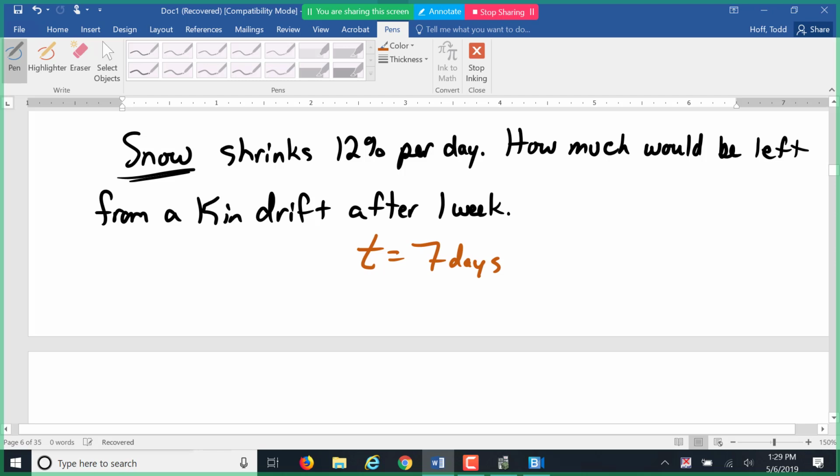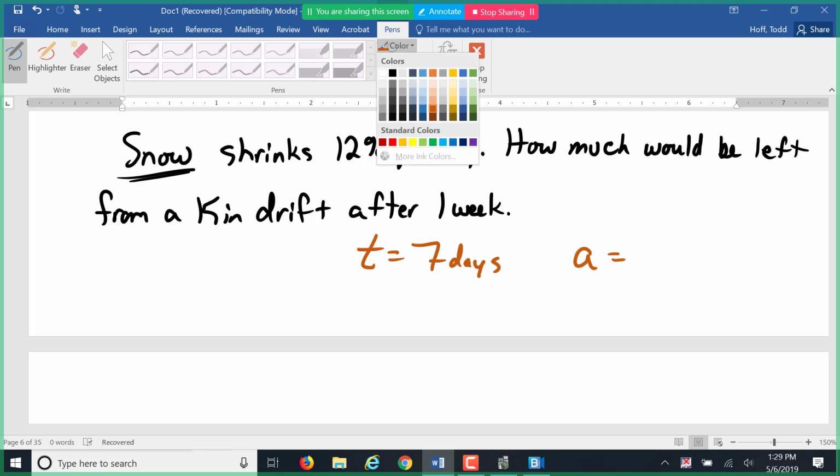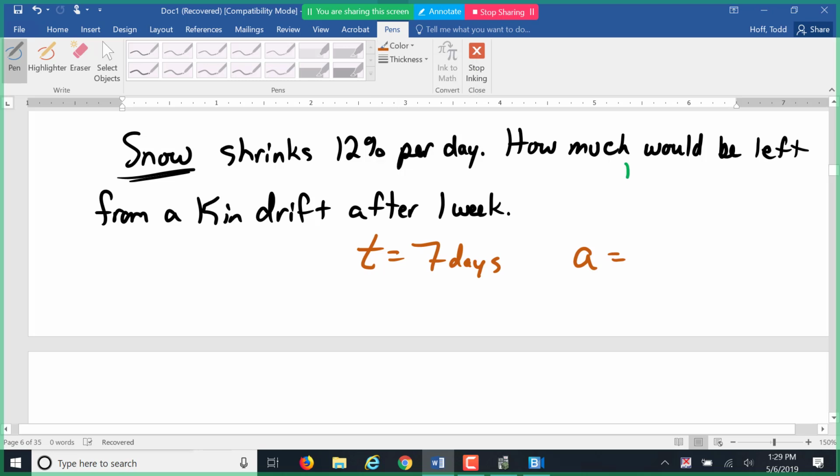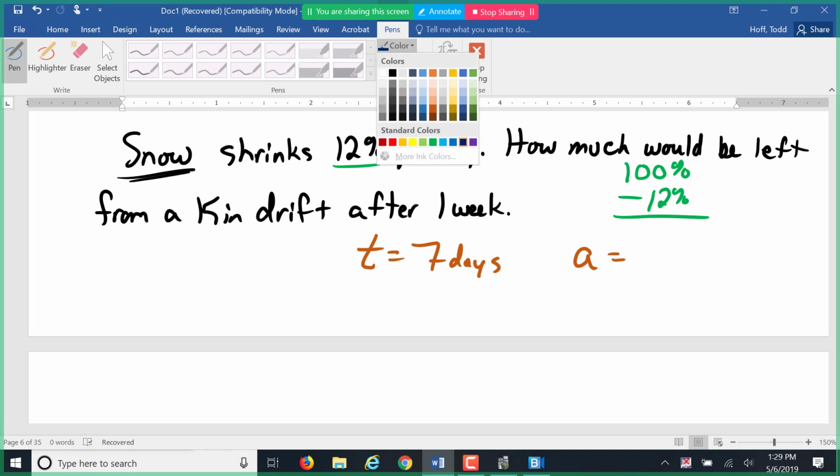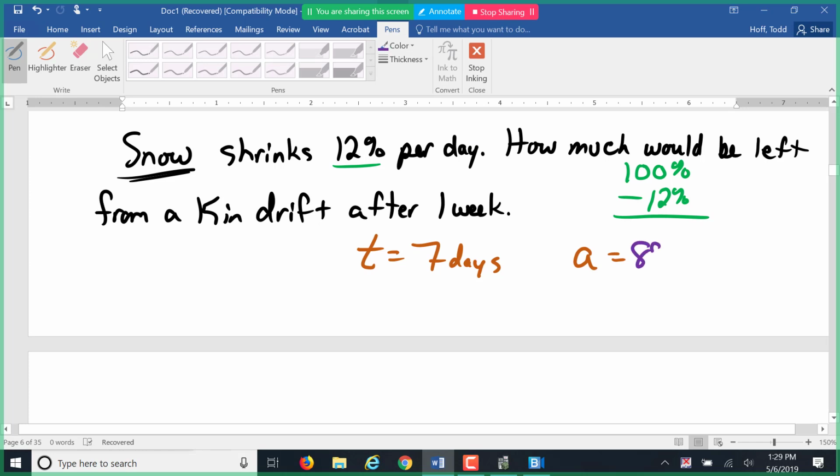Our A, that growth or decay factor, is a little bit trickier. Here, is this growth or decay? Decay, it's getting smaller. So instead of being 100 plus our percent, it's 100 minus that percent. So 100 minus 12 is 88%, or 0.88.